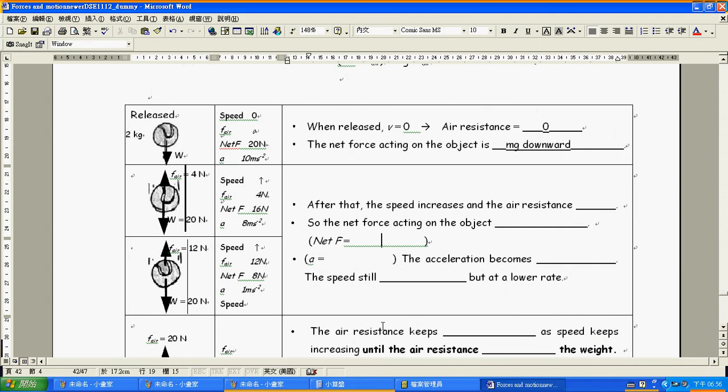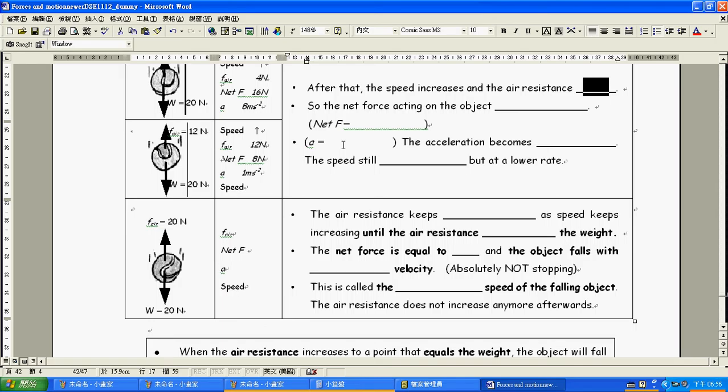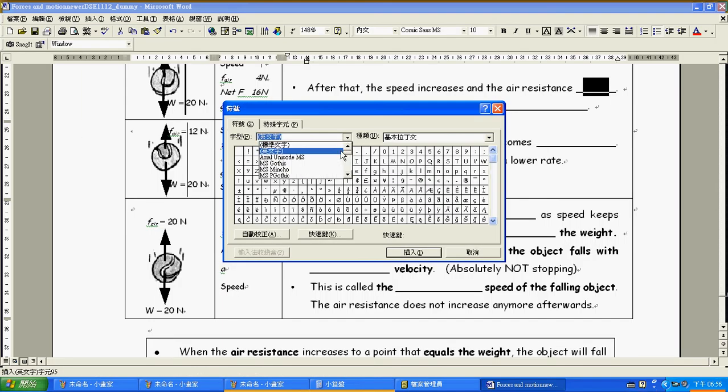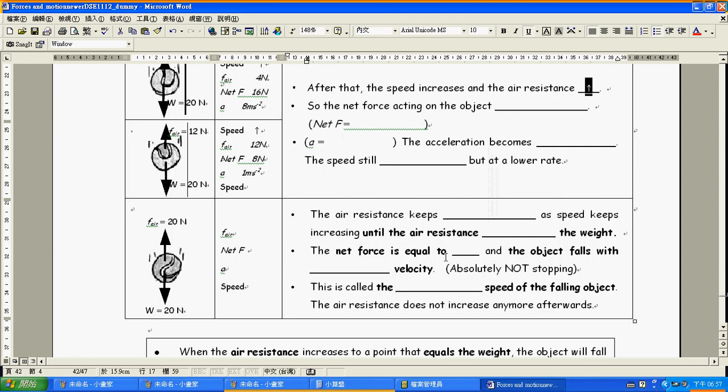Okay, now summarizing this stage, after that speed increases and air resistance also increases.